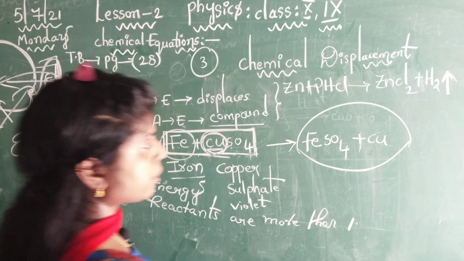Whenever you place a balloon near the mouth of the conical flask, the balloon also begins to bulge out. In this reaction, zinc has displaced hydrogen from hydrochloric acid. So this is the best example for a displacement reaction.